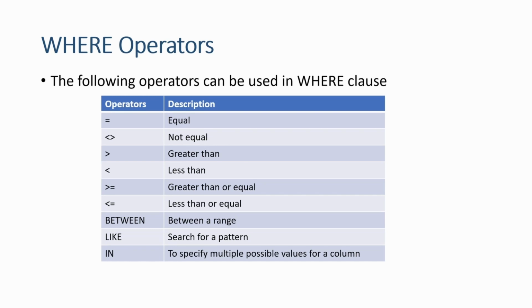For example, if you want the California state and the LA state, two states or more than one state, you can use the in operator in order to specify multiple possible values.